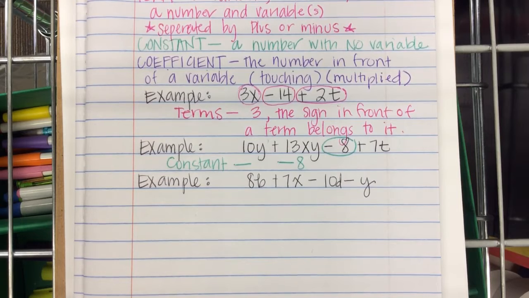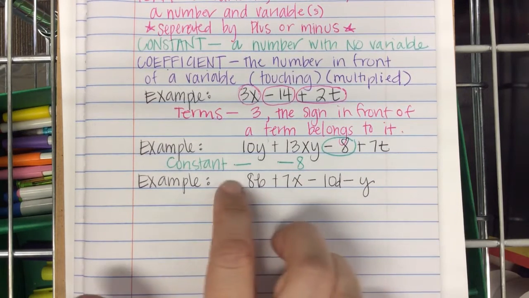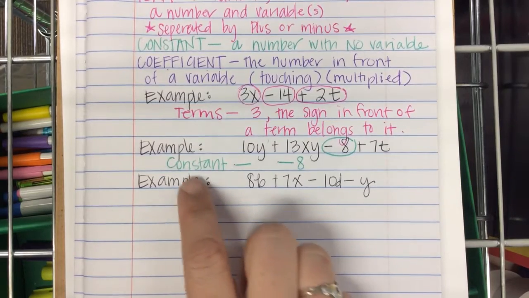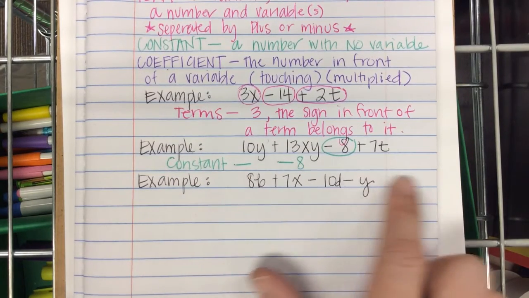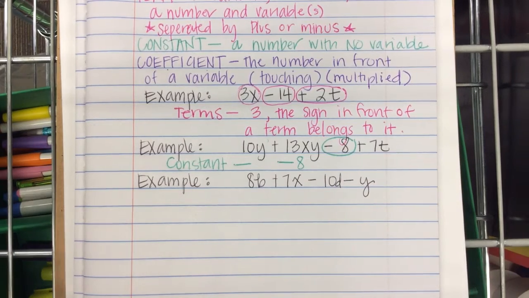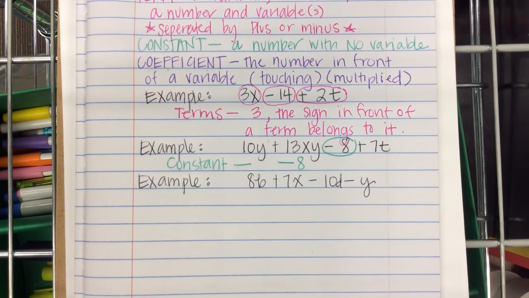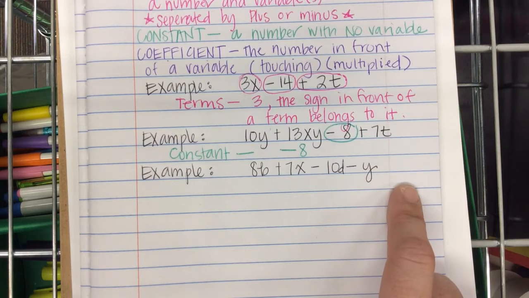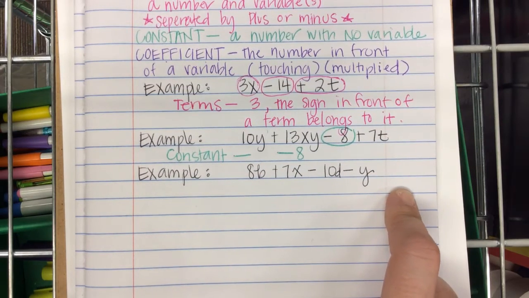How many terms are in this expression? Autumn? 4. What's the constant in this expression? Max? A number with no variable. Is there a number with no variable up here? So is there a constant? There's no constant. Sometimes that happens.